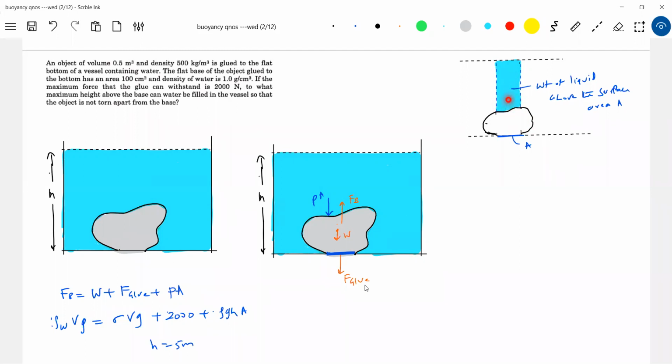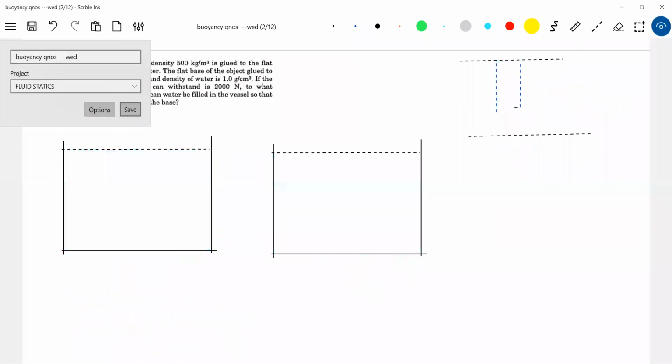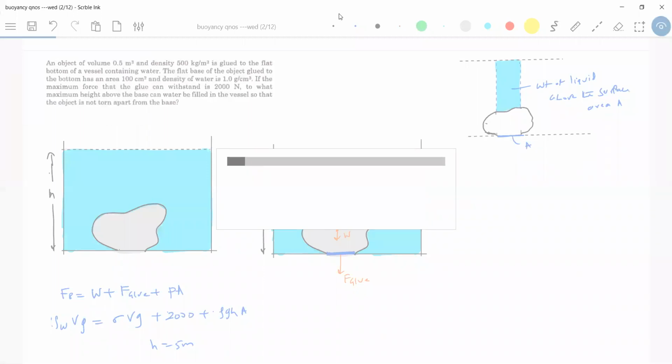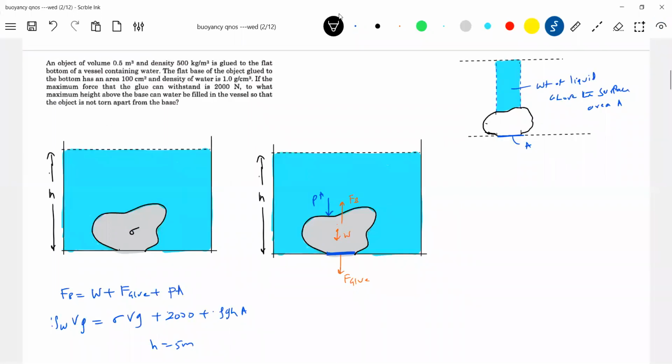The surface area is totally different here. Only in this region is the liquid above, no? So this particular weight of the liquid is the pressure force. Okay, able to get this one?